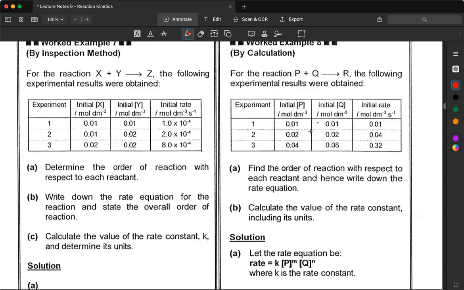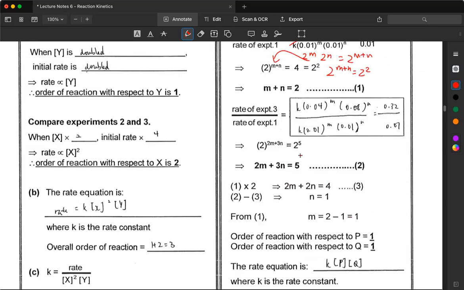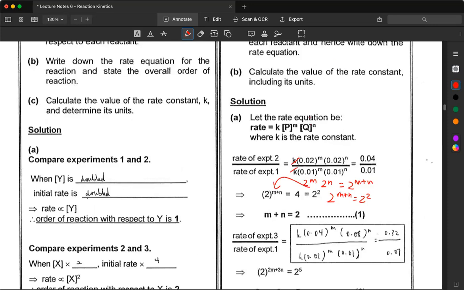But in this case, for inspection, it will be harder, because you can see there is no data that shows a constant value. So that is the problem. Sometimes calculation might be better, you don't have to think so much.